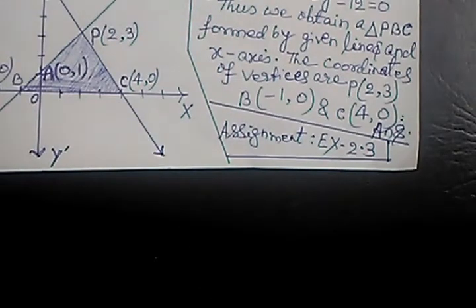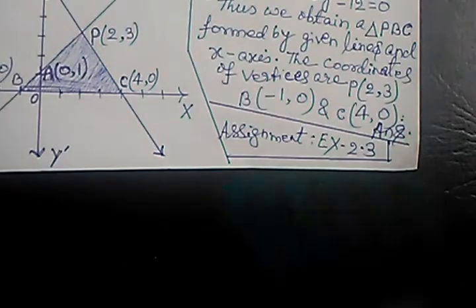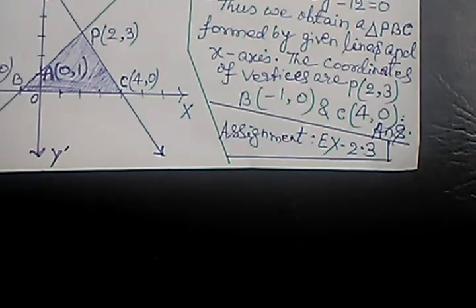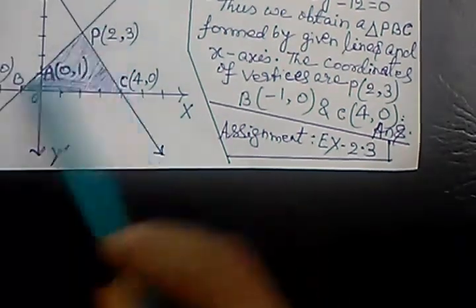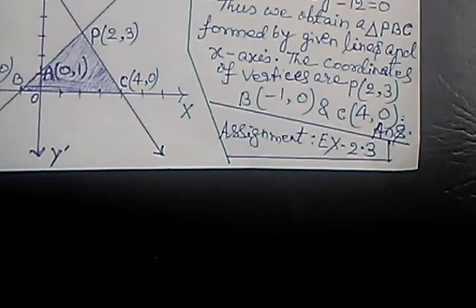So these are the coordinates of the vertices. In the question it is also mentioned to shade the triangle, so I have shaded it. You must shade the triangle on your graph paper, not by ink, not by pen. Always remember, by pencil.